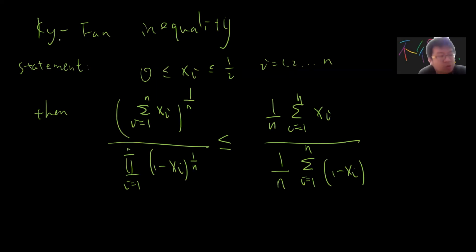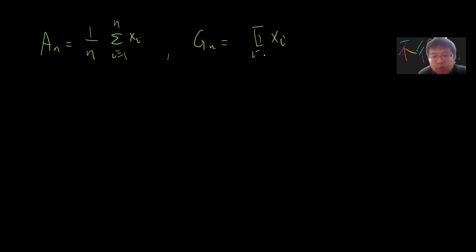One quick way to write it is that you can define A_n to be the arithmetic mean, so basically it's 1 over n times the sum. And I think everybody knows the so-called geometric mean: take every x_i and then take the 1 over n root.